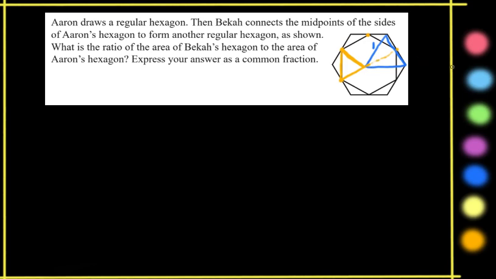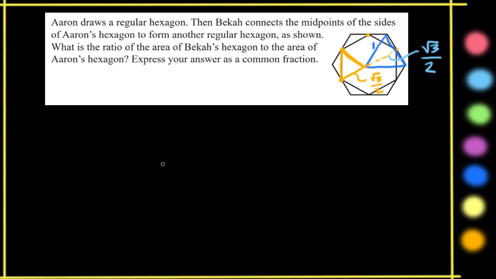So this altitude over here is going to be square root 3 over 2. And what that means is that this distance here is also going to be square root 3 over 2. So now we know the ratio of the side lengths of the triangles. It's just square root 3 over 2.